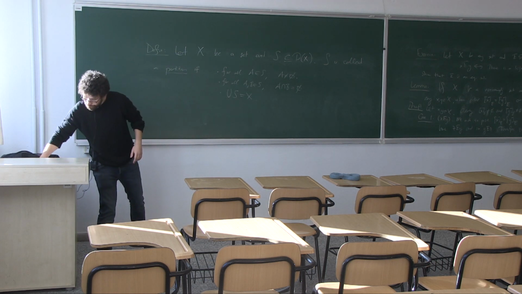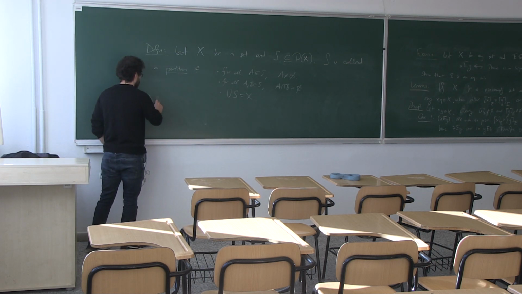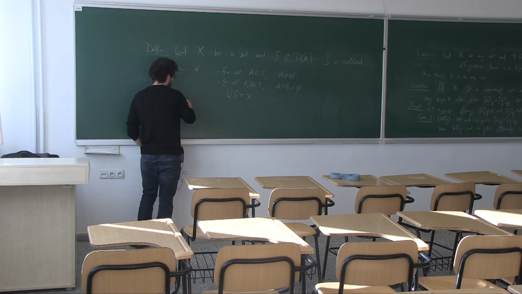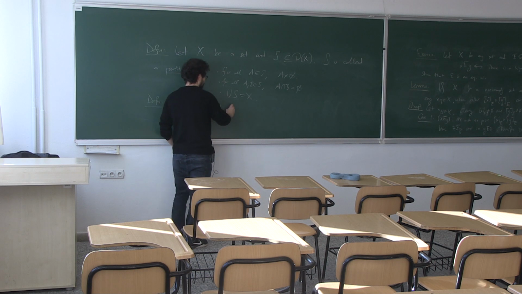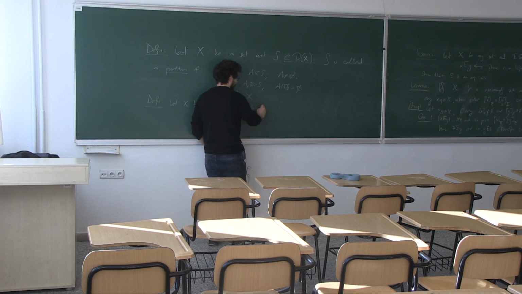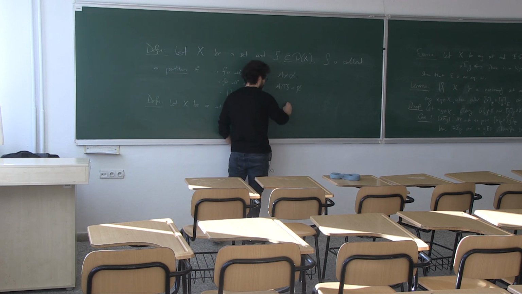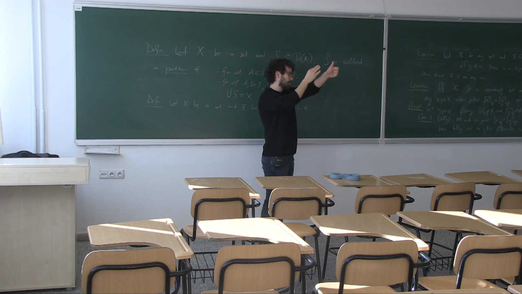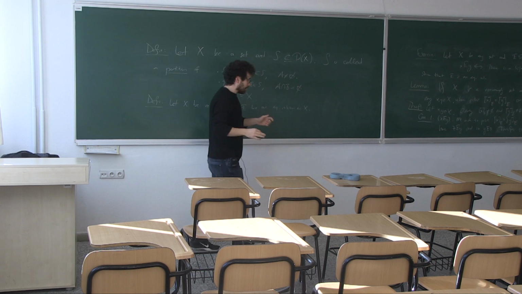Now, one more definition. Let X be a set and E be an equivalence relation on X. Remember the process I told you. We're going to pick an element and look at its equivalence class, and pick some other element and so on.